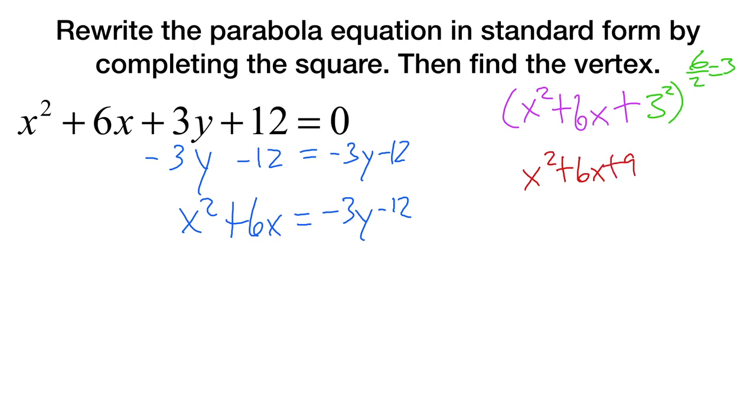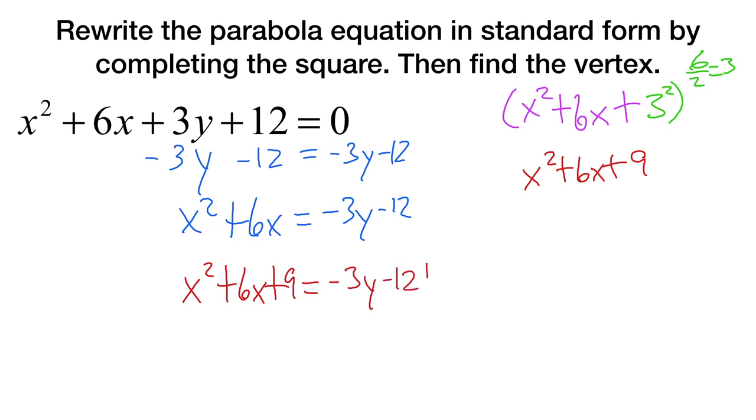Now, if you're wondering why, it's because I would then say, what numbers multiply to be 9 and add up to be 6? We'd say 3 and 3. And then you would go, oh, wait, x plus 3 squared. So, anyway, we're saying plus 9. So x squared plus 6x plus 9 equals negative 3y minus 12.